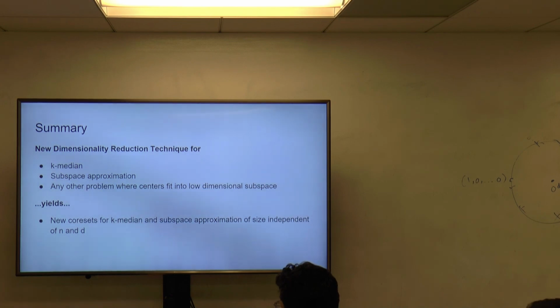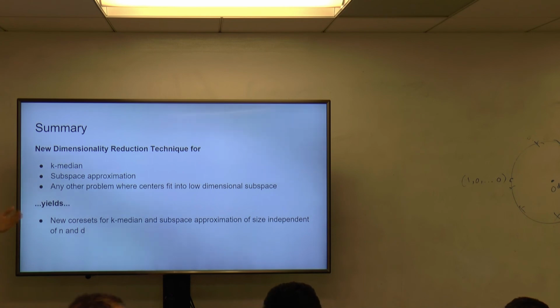If I want to find j k-dimensional subspaces, where for each point I choose one of those j subspaces, the one onto which my projected distance is minimum, this is called projective clustering. It's like combining subspace approximation and K-median.